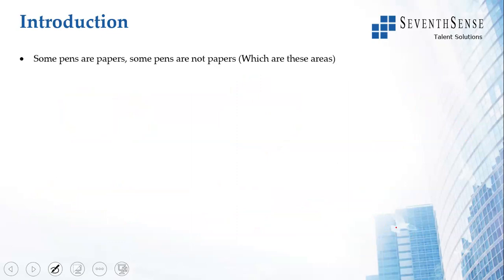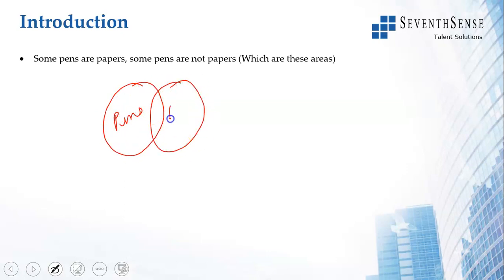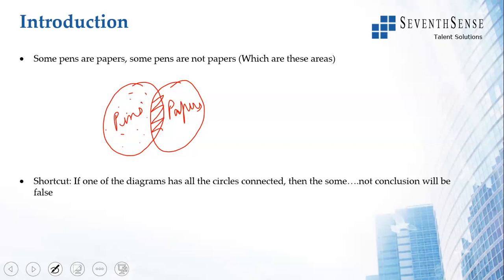So again, we said some pens are papers. If you have a single diagram where some pens are papers, this is some pens are papers. These are some pens which are not papers in this diagram. Okay, these are the areas. So remember, some pens are papers is the intersection area, and some pens are not papers is the area that is in the circle but outside the intersection.